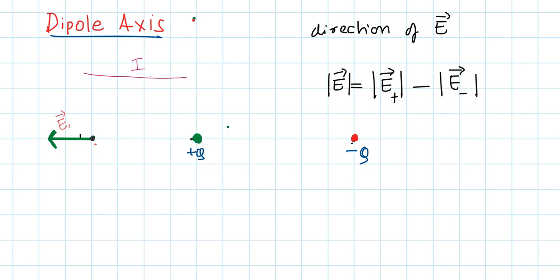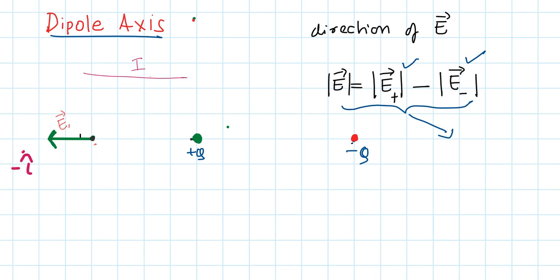Now what about the magnitude of E? The magnitude of the resultant vector is already given here. It's just the difference between the magnitudes of the individual electric fields due to the plus and minus charge. In this case the electric field is in the minus i cap direction.